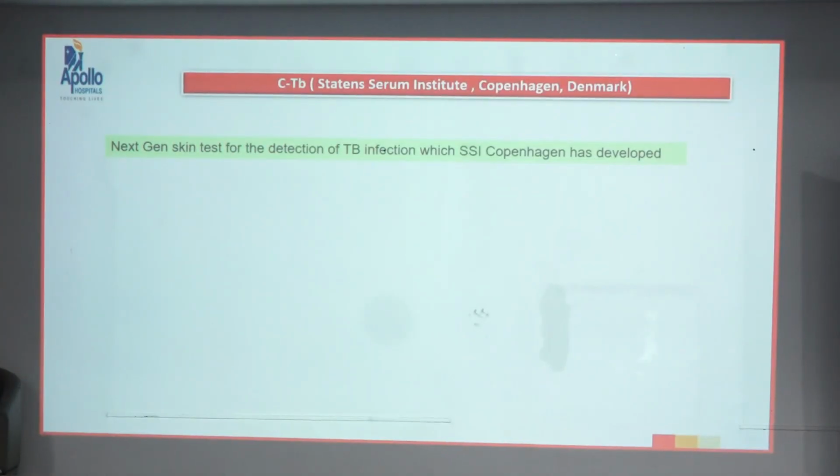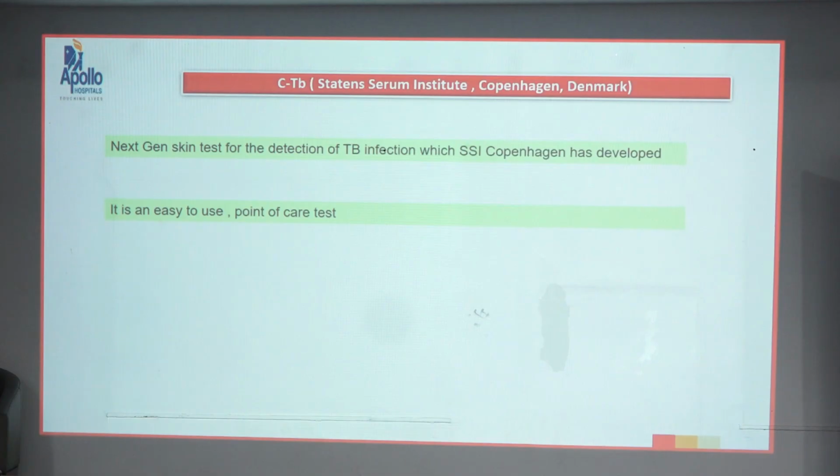Okay, now since we are talking about the Mantoux test, a new Mantoux test, that is tuberculin skin test, has come from the Statens Serum Institute, Copenhagen, Denmark. The challenge of the Mantoux test was that it included 3 types, like Mycobacterium, non-tuberculous, and also BCG vaccinated patient.